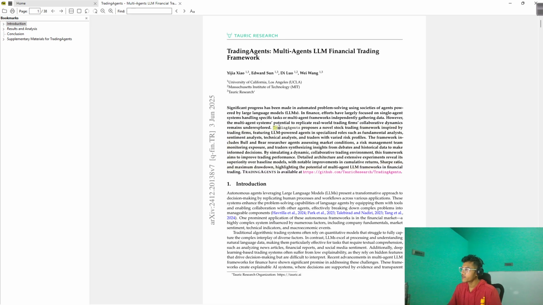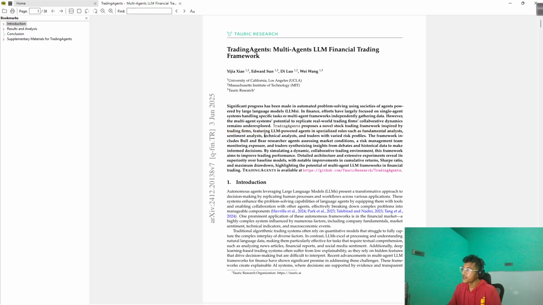Let's continue. TradingAgents proposes a novel stock trading framework inspired by trading firms, featuring LLM powered agents in specialized roles such as fundamental analysts, sentiment analysts, technical analysts, and traders with varied risk profiles.